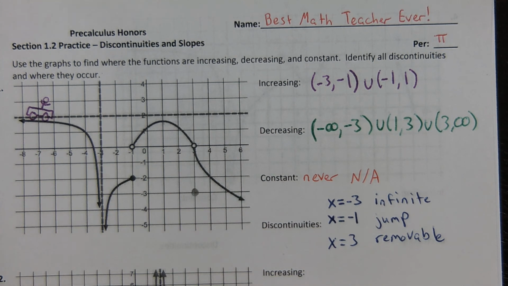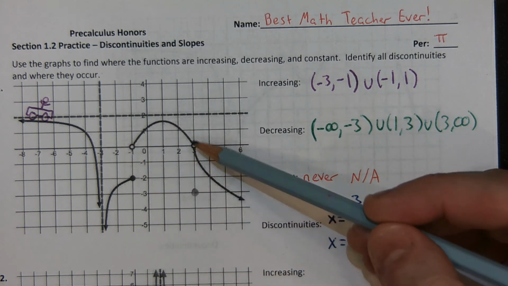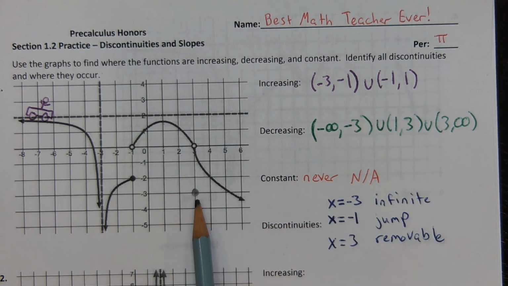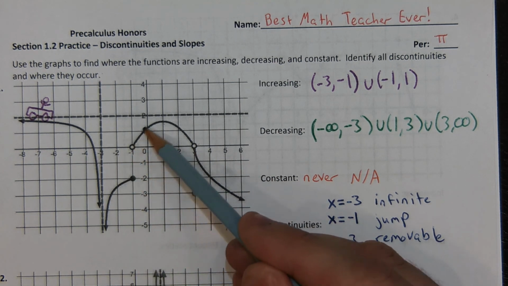So what's the difference? The difference between what's going on here and here is that this is a single point in space. A single point has been moved from where it should have been. It has been removed from its appropriate place. Whereas this is an entire chunk of the graph.